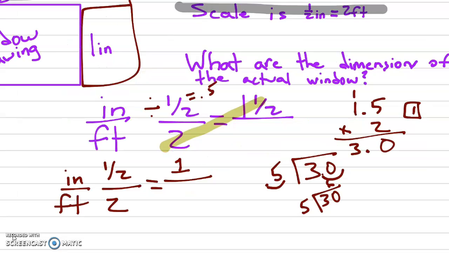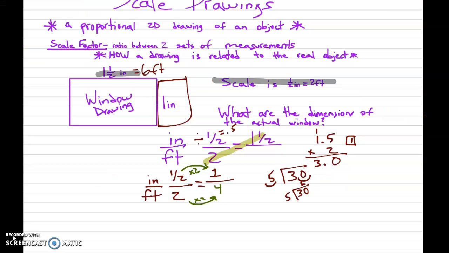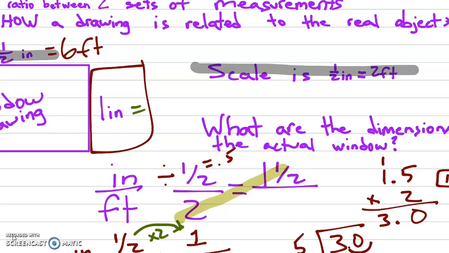I'm going to do this one a little bit differently. We get from a half to 1 not by adding a half, but multiplying by 2, because 2 times a half is just 1. So we do the same thing. 2 times 2 is 4. So the actual height is 4 feet.